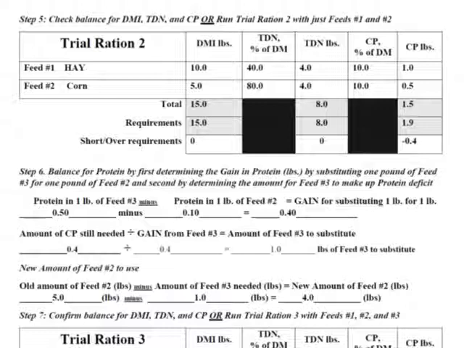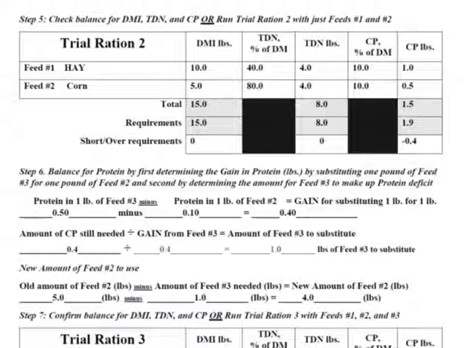Feed 2, we're 1/10 of a pound for every pound of corn. So if I take 1 pound of corn out, I put back 1 pound of soybean. Every time I make that swap, I'm going to gain 0.4 pounds.